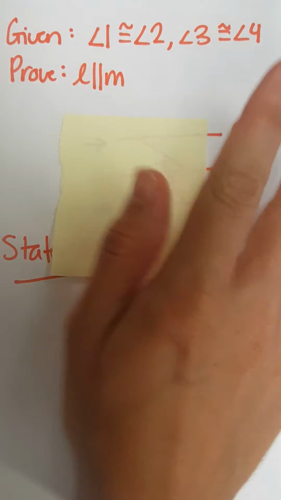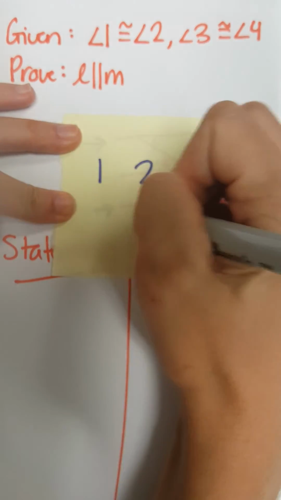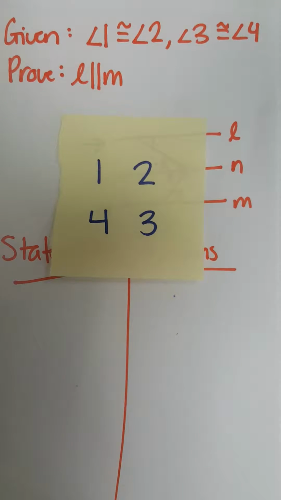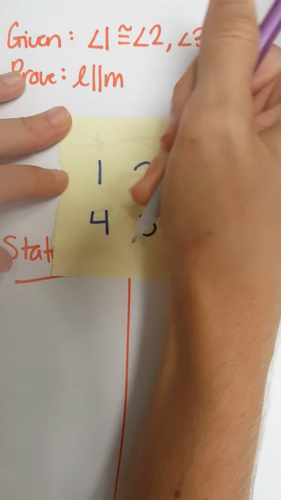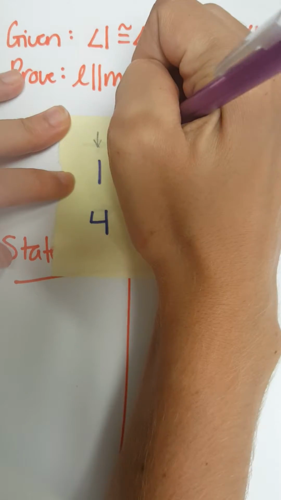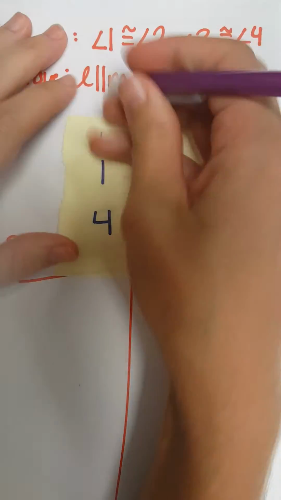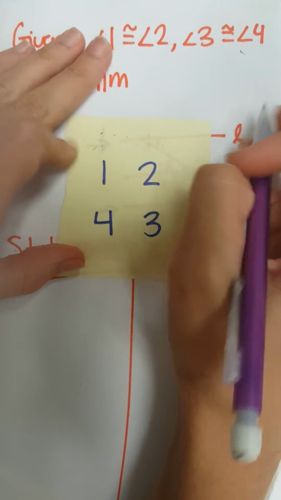Here's who I want working together. If we have 1, 2, 3, 4, we're going to put 1 with 4 and 2 with 3. Actually, let's switch that. Change my mind. Let's start out with 2 and 3.